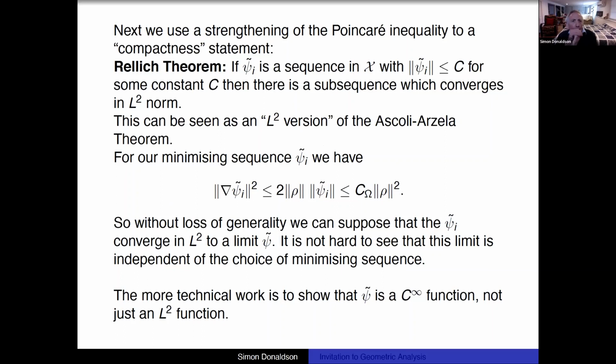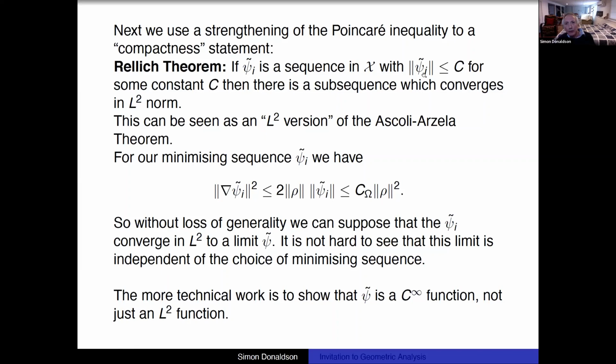But going on from that, we can use something rather stronger than the Poincare inequality, a compactness statement. This is what's called the Rellich theorem, a special case of a more general theorem. If we have a sequence of functions vanishing on the boundary, where the L2 norm, okay, I apologize, this is a rather more serious mistake.